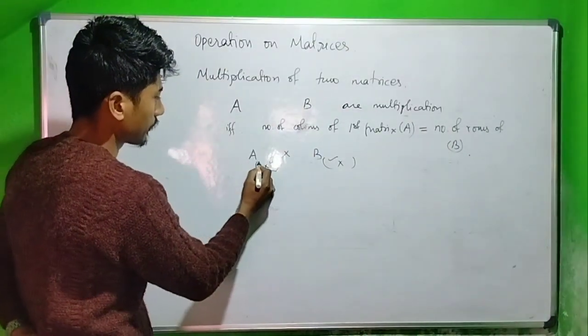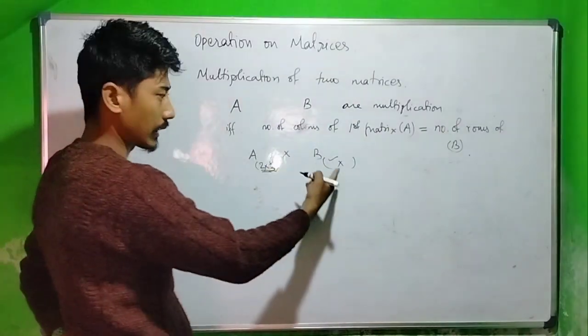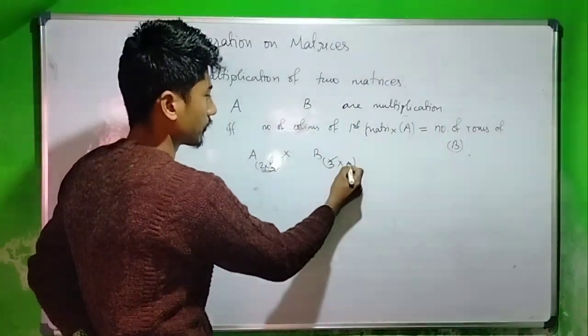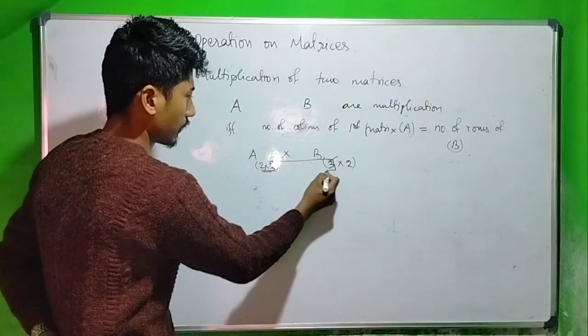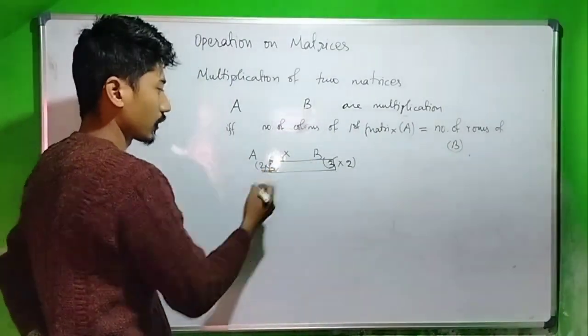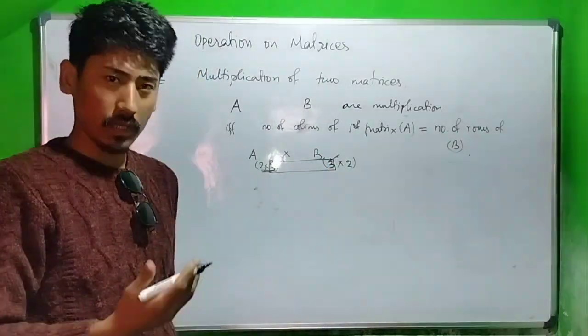For example, if we have a matrix of order 2 by 3 and a matrix of order 3 by 2, then they can be multiplied. Why? Because the number of columns of the first matrix and the number of rows of the second matrix are equal.